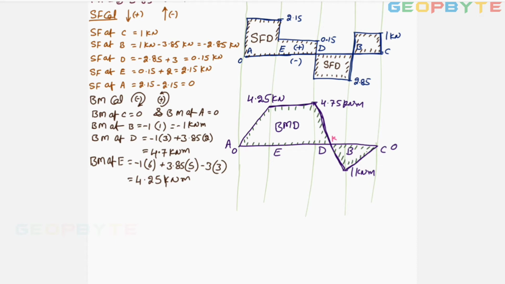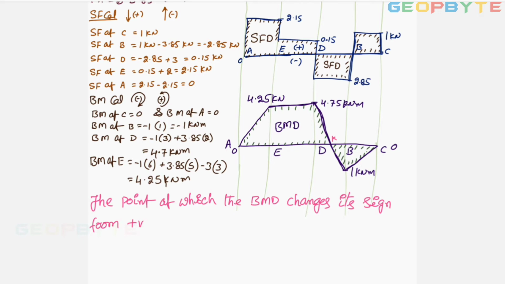The point of contraflexure definition is like this: the point at which the bending moment diagram changes its sign from positive to negative or from negative to positive is called the point of contraflexure.